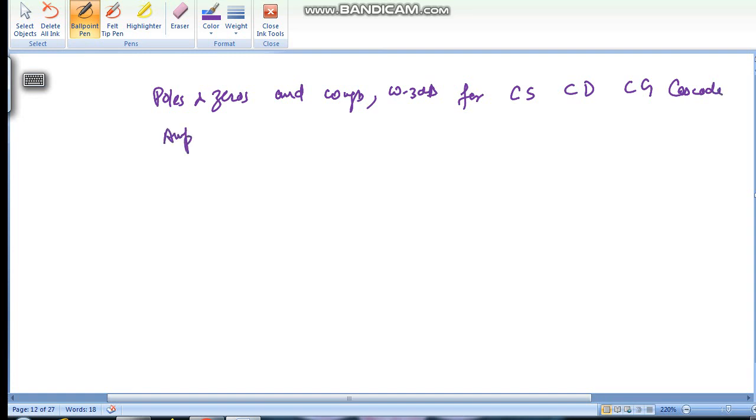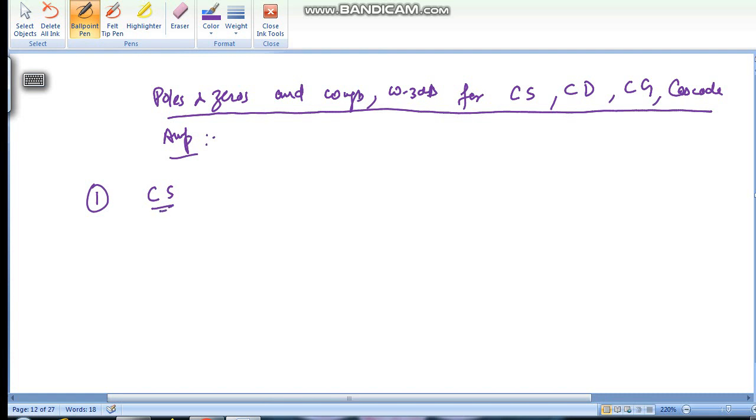So for these topologies we will find out these things. So first one is common source topology.